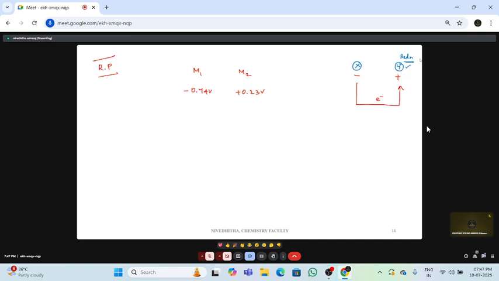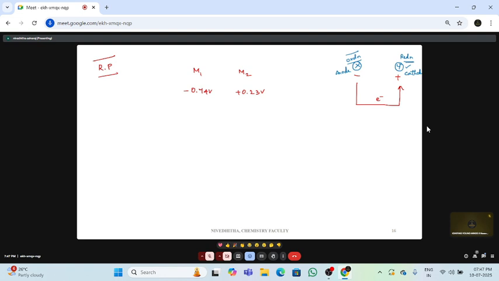Since metal X is losing its electron, that electron is coming from X to Y. So that is why metal Y is getting reduced. And X is losing its electron. Loss of electron is called oxidation. The metal which is undergoing oxidation is the anode. If the metal is getting reduced, that metal is called cathode. Fine. So here X is anode and Y is cathode, right? So X is getting oxidized and Y is getting reduced.